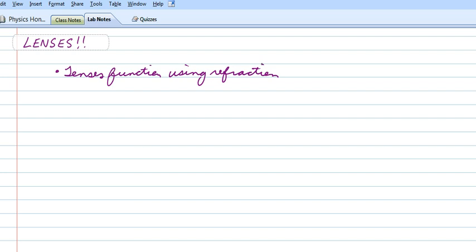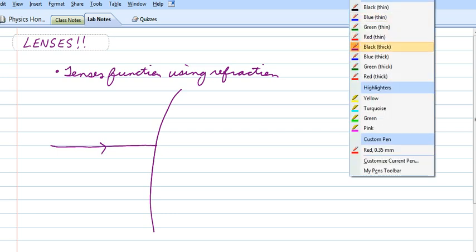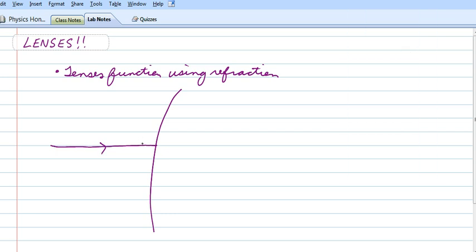Of course, what we know is that if I have a little bit of a surface right here, and a beam of light going into that surface, Snell's law is going to apply. So I need to construct some sort of normal, and rather than the ray of light keep going the way it was, it's going to bend.